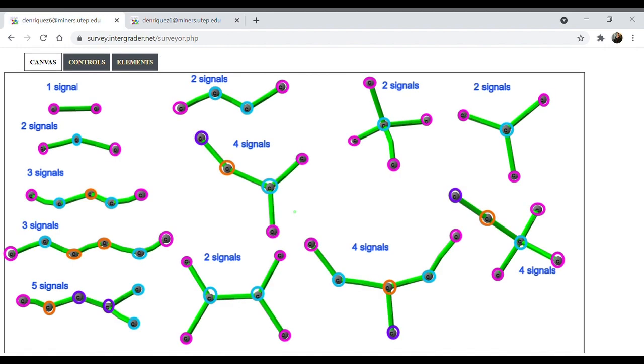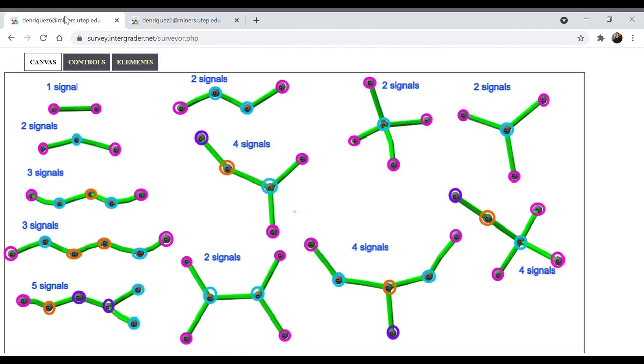Okay, 7 carbons and 5 signals. I'm going to go to my chart. Okay, 5 signals. I think that's what we had. Yes, and 7. 1, 2, 3, 4, 5, 6. I can add another carbon here and make it 7.